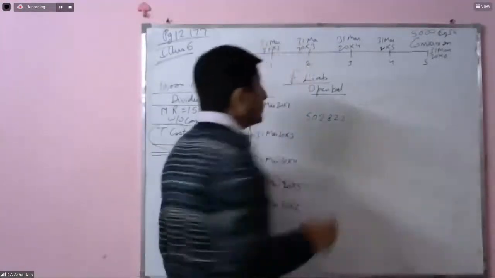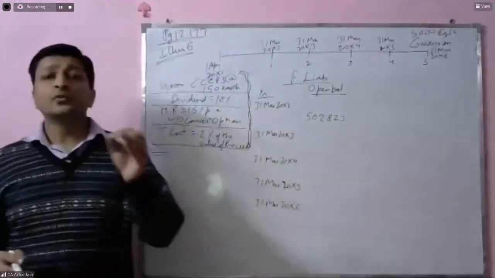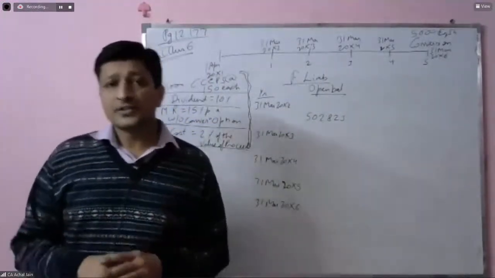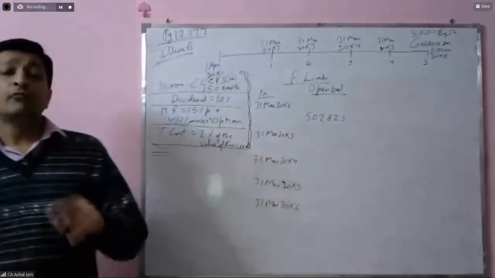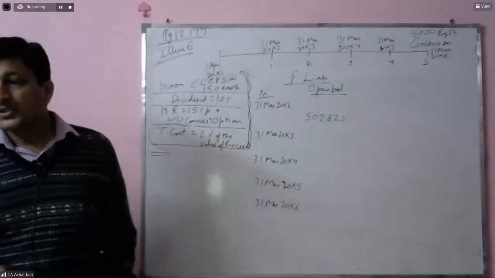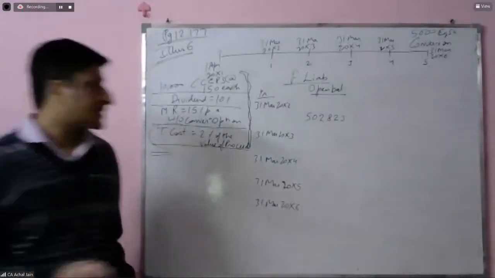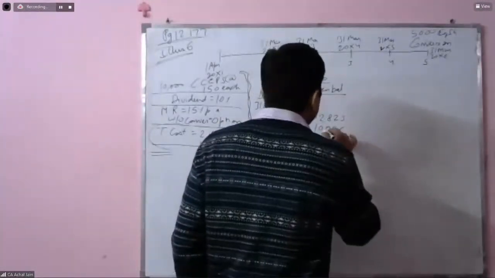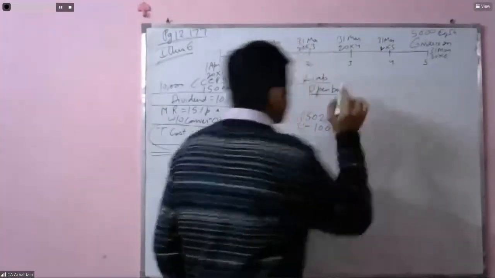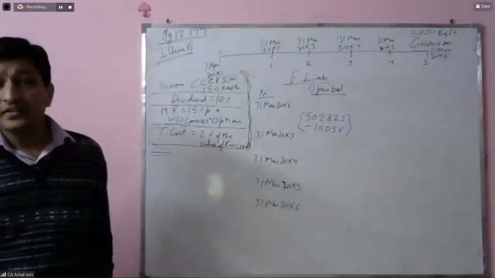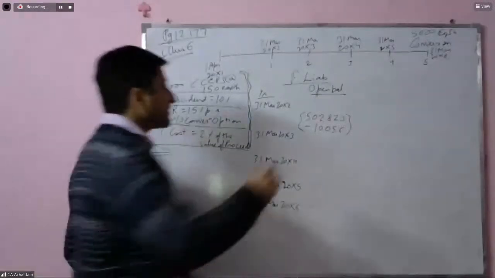Whenever we do the accounting of financial liability under the amortization schedule, what do we do? We reduce the transaction cost from that. So what's the transaction cost? 10,056. Minus 10,056, so what do we get? We get 4,92,767.